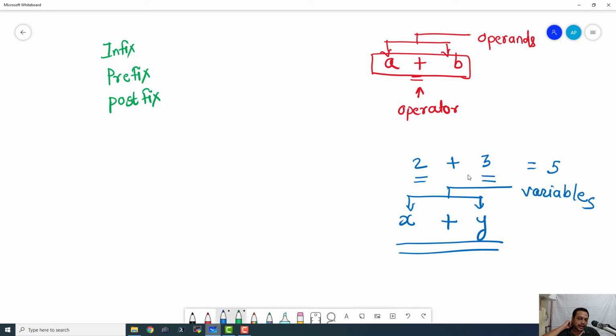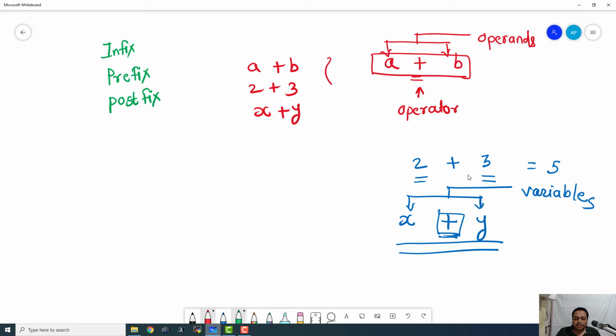This entire style of writing these operands around the operator, a binary operator to be very precise, is known as an infix expression. So let me tell you why it is known as infix. Again, pay close attention. A plus b, 2 plus 3, and x plus y.